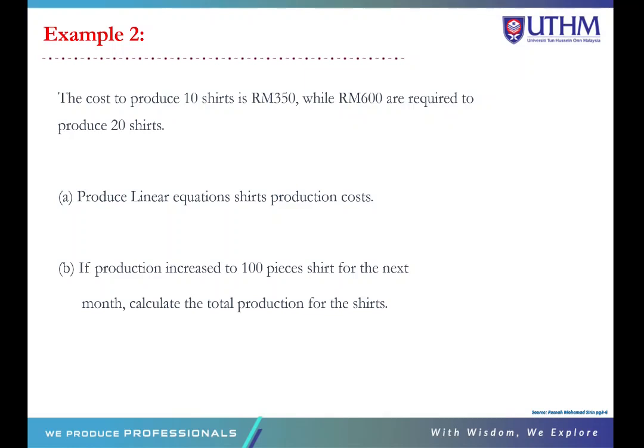If you understand the concept of mathematics, I believe that you can easily solve these problems. Example 2: the cost to produce 10 shirts is RM350 while RM600 is required to produce 20 shirts. You can see the differences here.